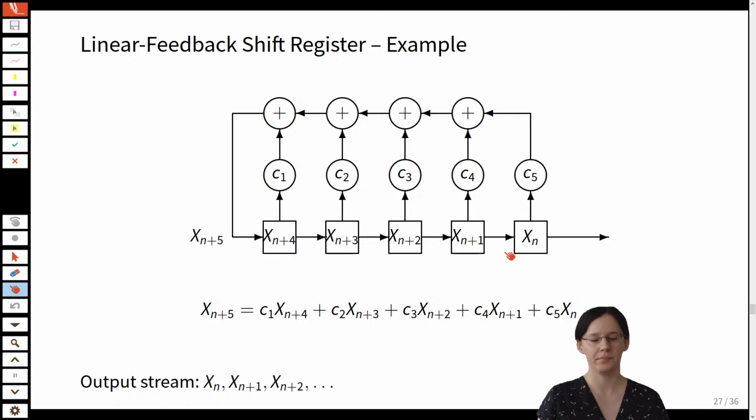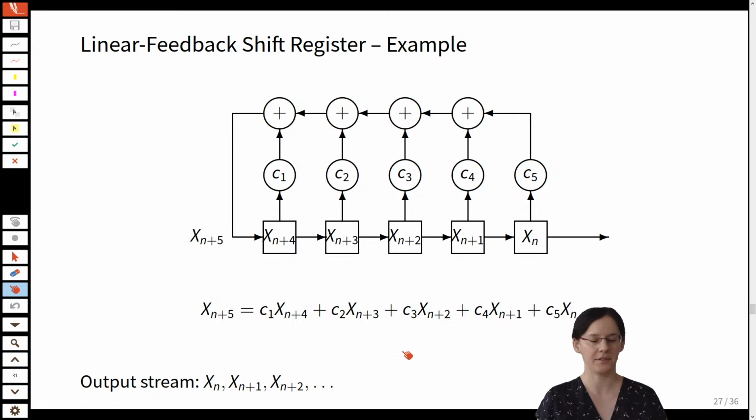And before it's gone, we compute this linear function of all the current state bits, which takes those states where the constant is 1. So all these C's are either 1 or 0. If it's 1, we take the current bit. If it's 0, we don't take it. And then we XOR these selected bits together, fill it into the newest field, and shift all the rest by 1.